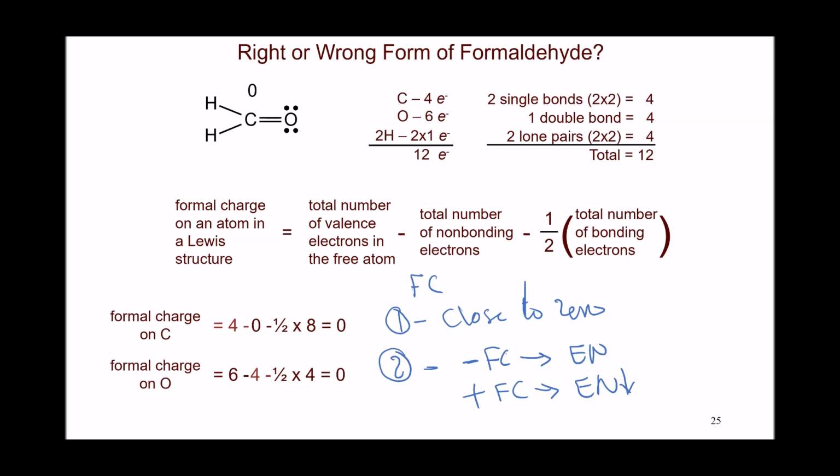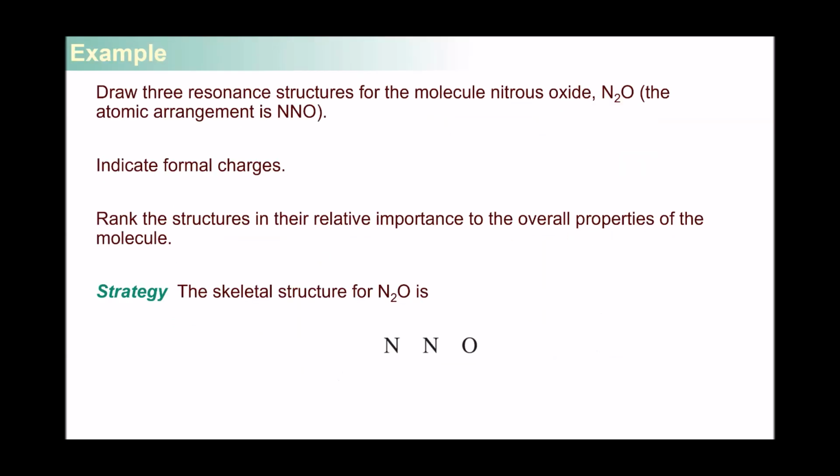That is going to be very clear when we do the next example here. For something like N2O, clearly the arrangement will have to have a nitrogen in the middle and one nitrogen on one end and one oxygen on the second end.